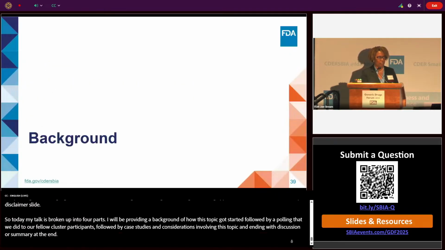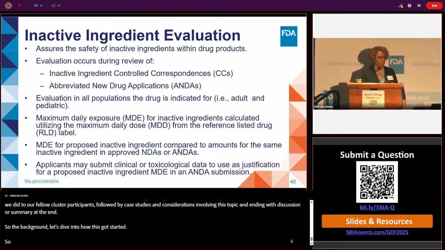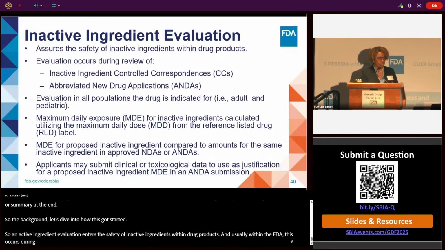So the background, let's dive into how this got started. Inactive ingredient evaluation assures the safety of inactive ingredients within drug products. And usually within the FDA, this occurs during inactive ingredient control correspondences or within the application itself.